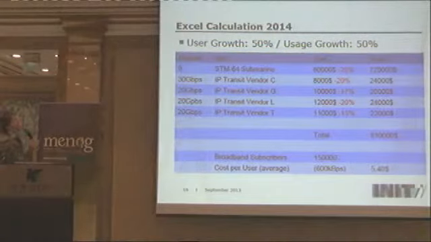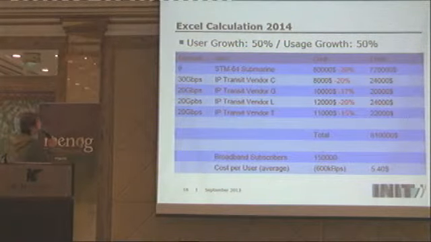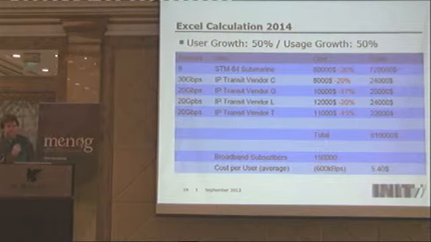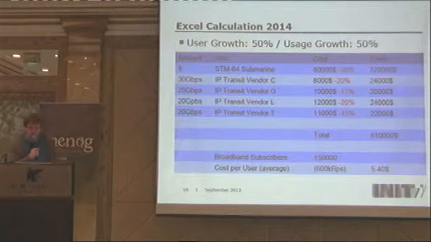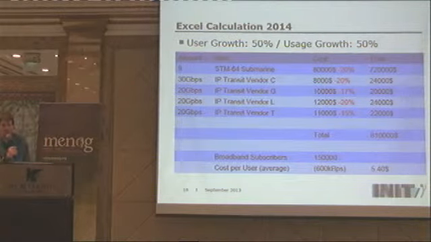Excel sheet again. I assume that we can talk to our vendors and get some rebate. If we buy for the 90 gigabits, we need 9 STM64s on submarine cables. We can talk them down a bit, so we get a discount of 20%. Same with all the IP capacity vendors. So we go to them and say, okay, I'm going to buy more from you, but I want a better price.